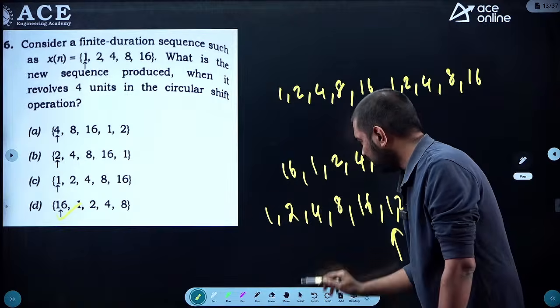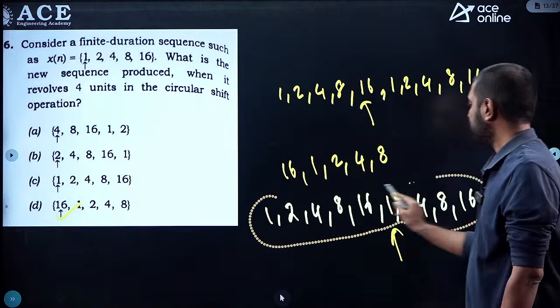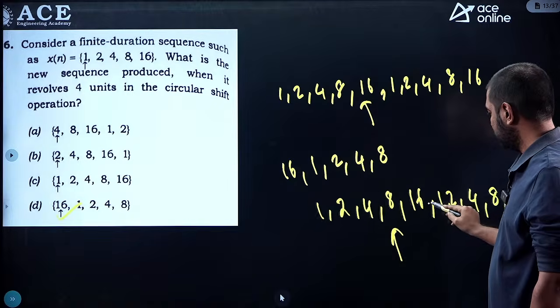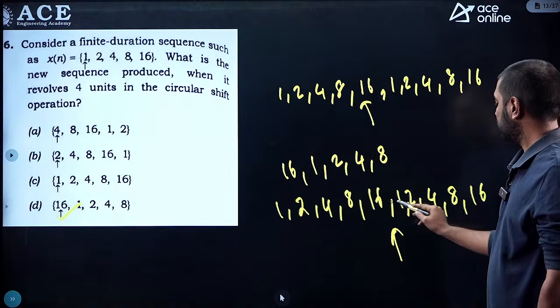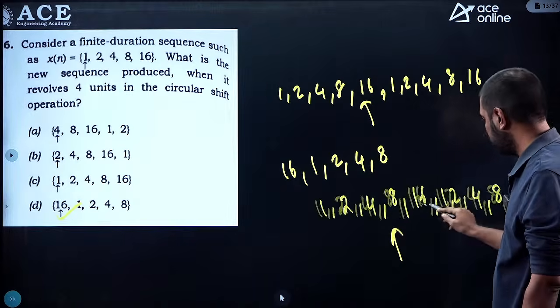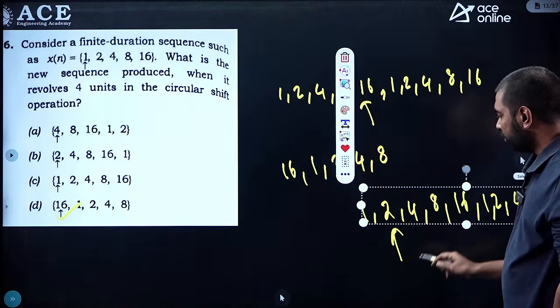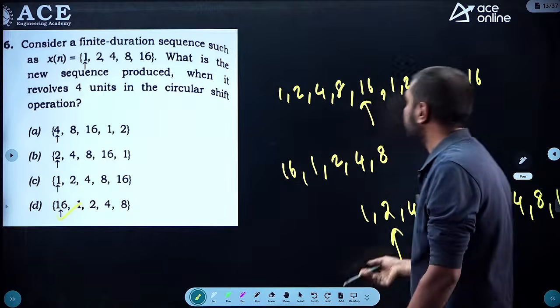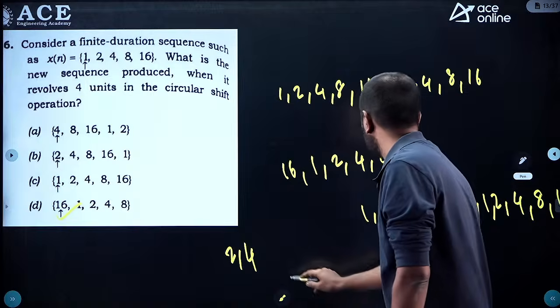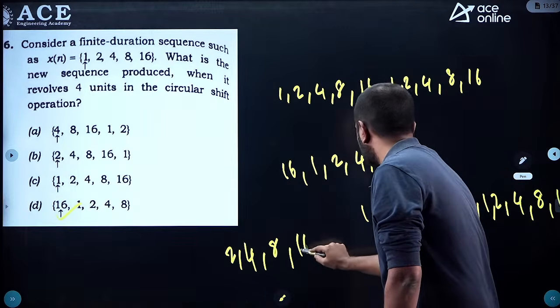So, let's take this sequence and then shift 4 units like this. So, 1 unit, 2 units. So, here was the arrow. When you shift it 4 units, 1, 2, 3, 4, it points to 2. And then from here onwards, you just collect 5 samples. It is 2, 4, 8, 16, 12.